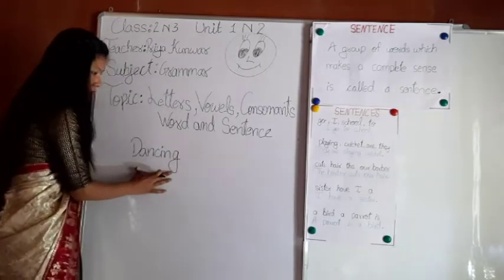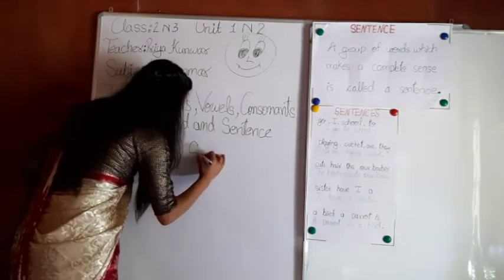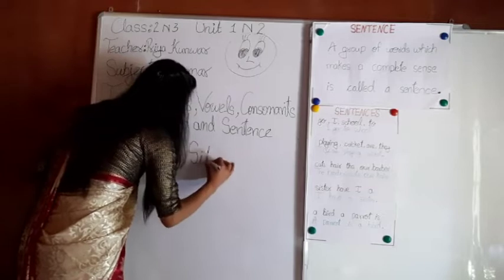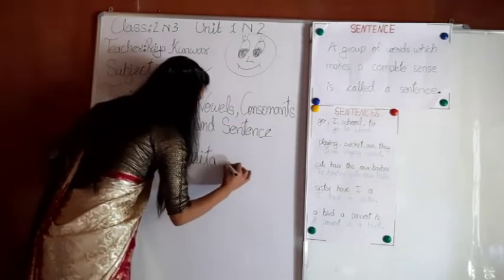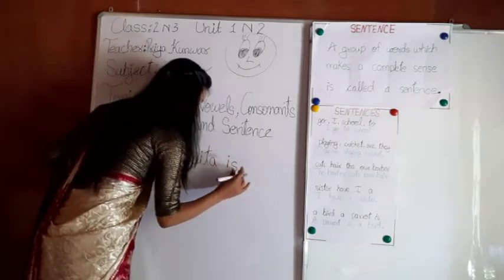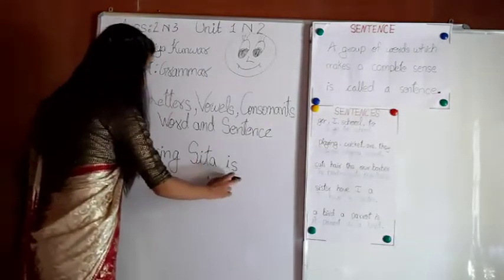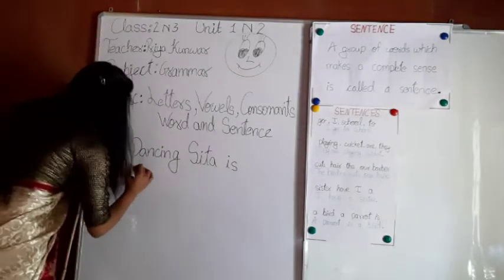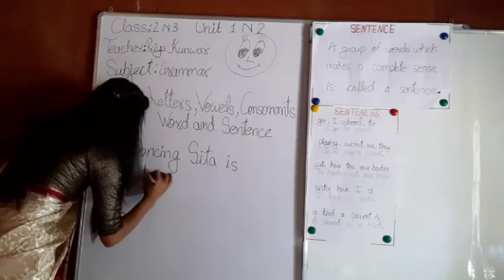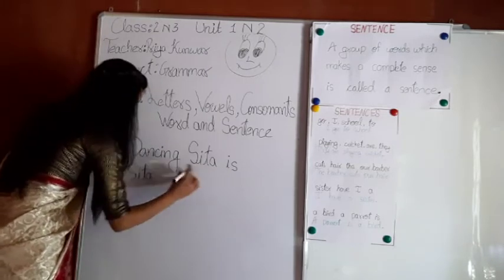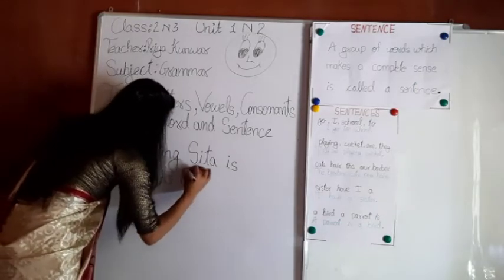Dancing is a group of words. Sita is also a group of words. Now let's combine them into a sentence. Sita is dancing.